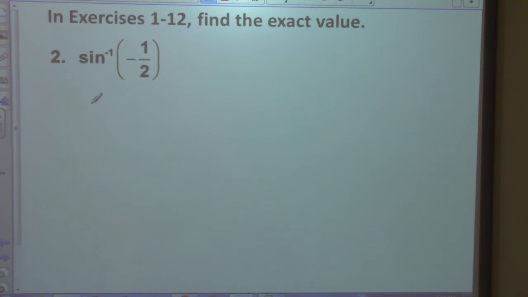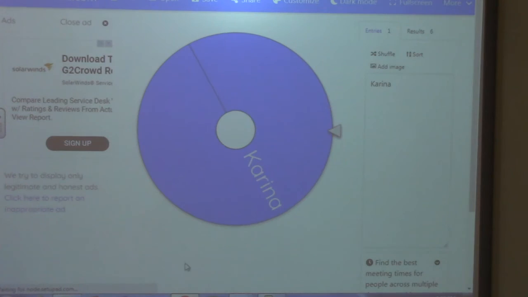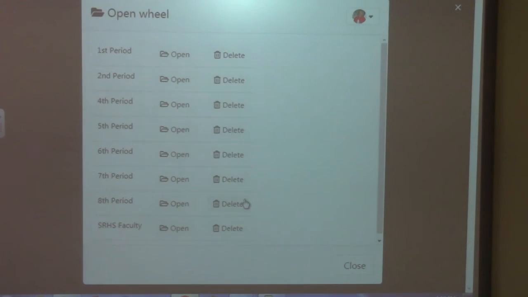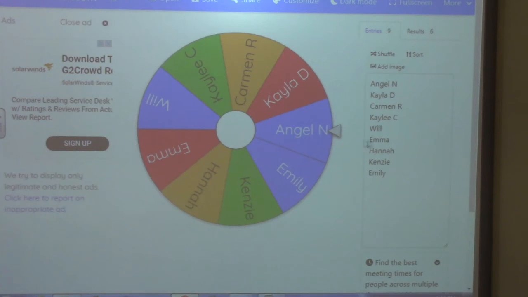Number 2, inverse sine of negative 1/2. Who's going to help us with that one? Angel didn't make it today.